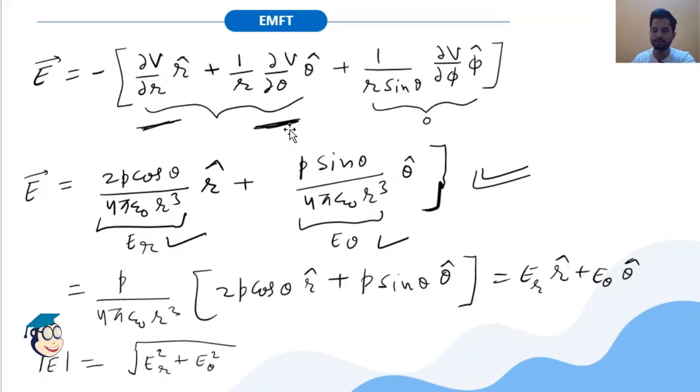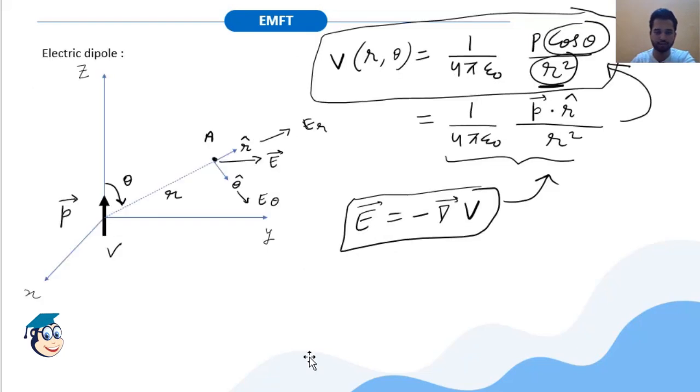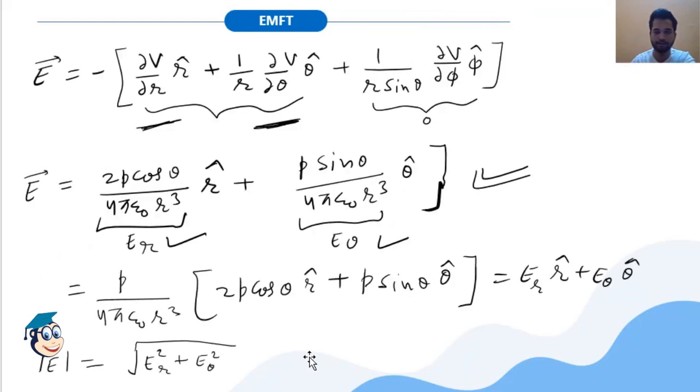What is the angle that the resultant electric field will make with the r cap? I can show this in this diagram. I am talking about this alpha. Alpha would become equal to, actually what you have to do is divide E_theta by E_r.